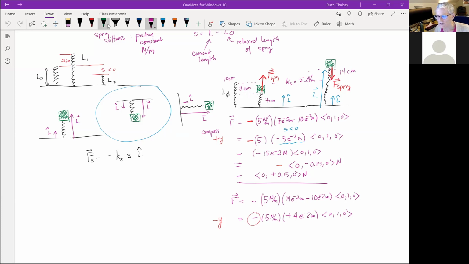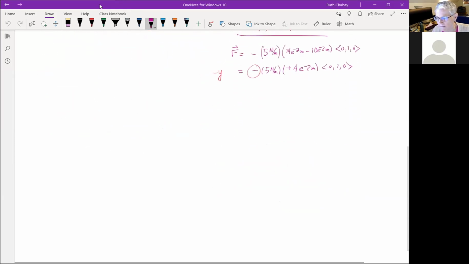So if we calculated the spring force many times, so suppose we start by pushing the block down, so the spring is compressed, and then letting it go, it basically should oscillate up and down. It should go up and then down and then up and then down.